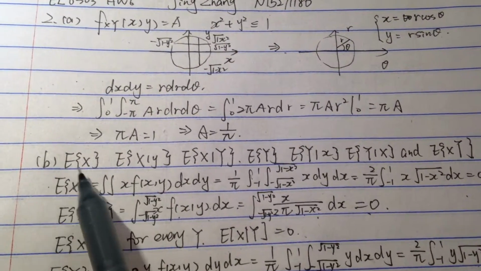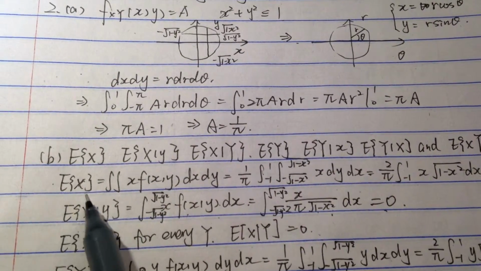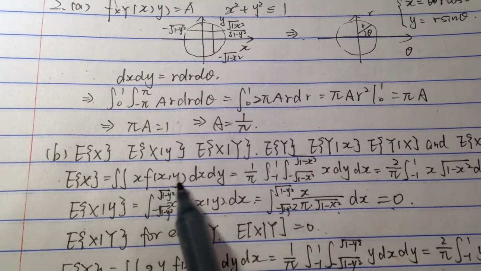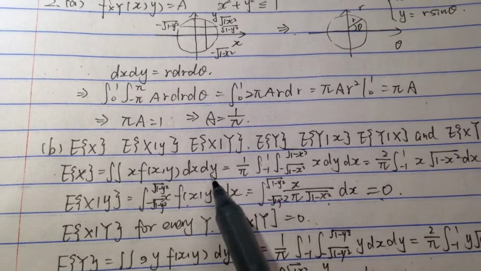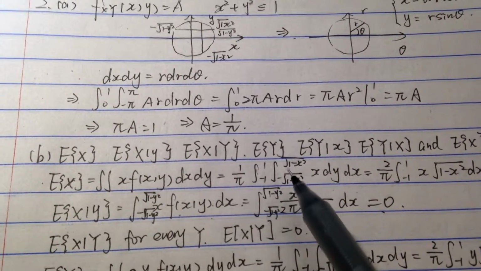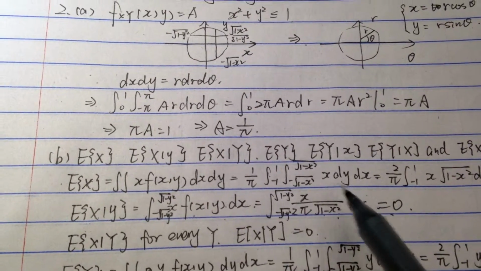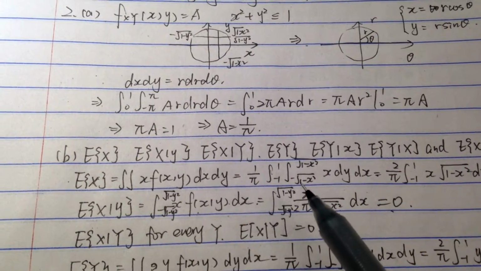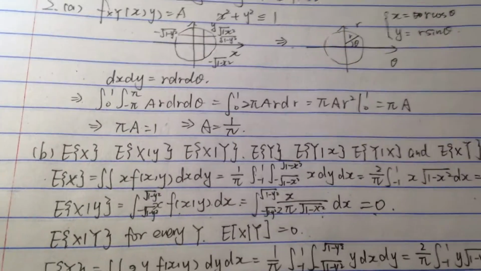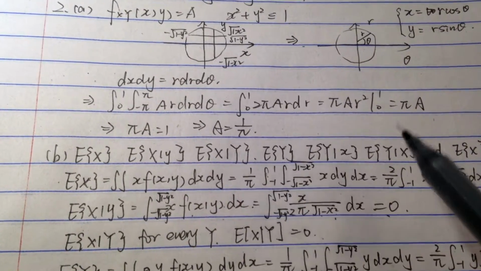Question B is to calculate these values. First, to calculate E[X]. E[X] equals the integral of x f(x,y) dx dy, where a equals 1 over pi, times the integral of x dy dx, y between minus the square root of 1 minus x squared to the square root of 1 minus x squared, and x between minus 1 to 1.